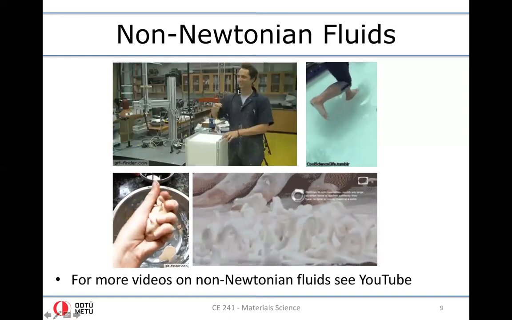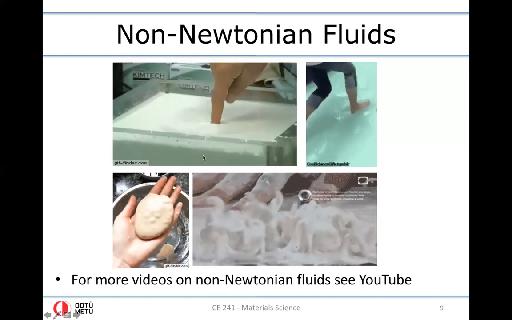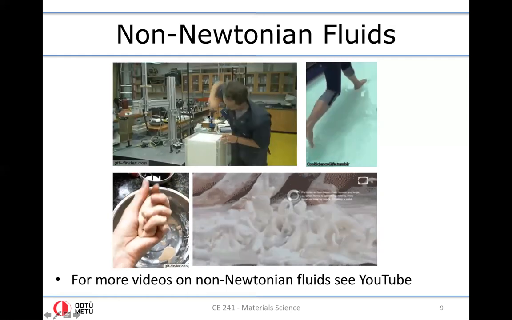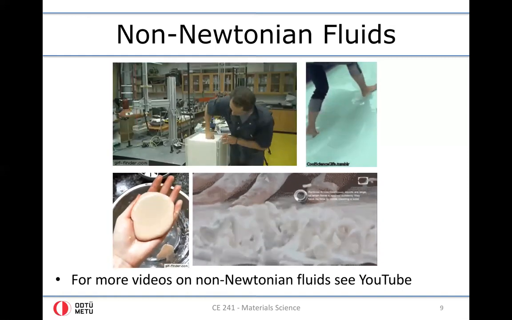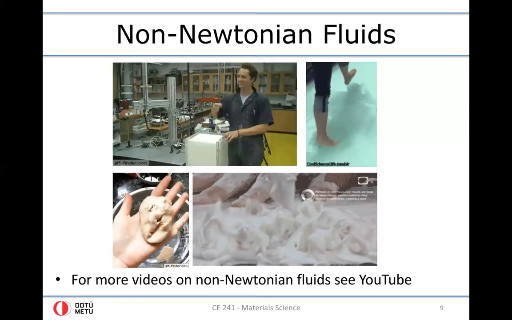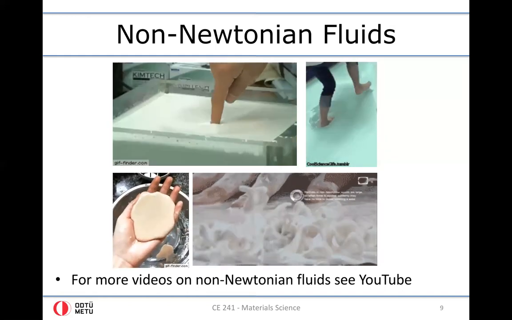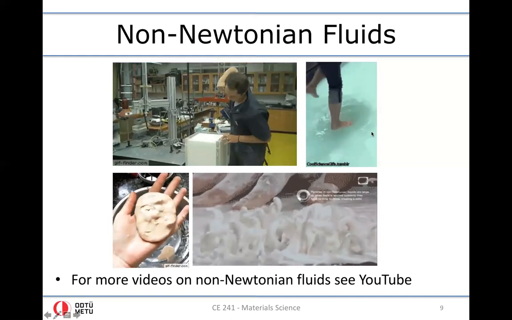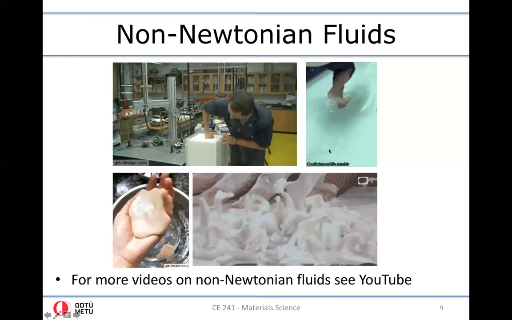So in this movie, you see a person who, in the first place, stirs the mixture of cornstarch and water slowly, where the stirring is slow, therefore the resistance is less, therefore flow is easier, the apparent viscosity is less, but when the person hits the mixture, it behaves like a solid.